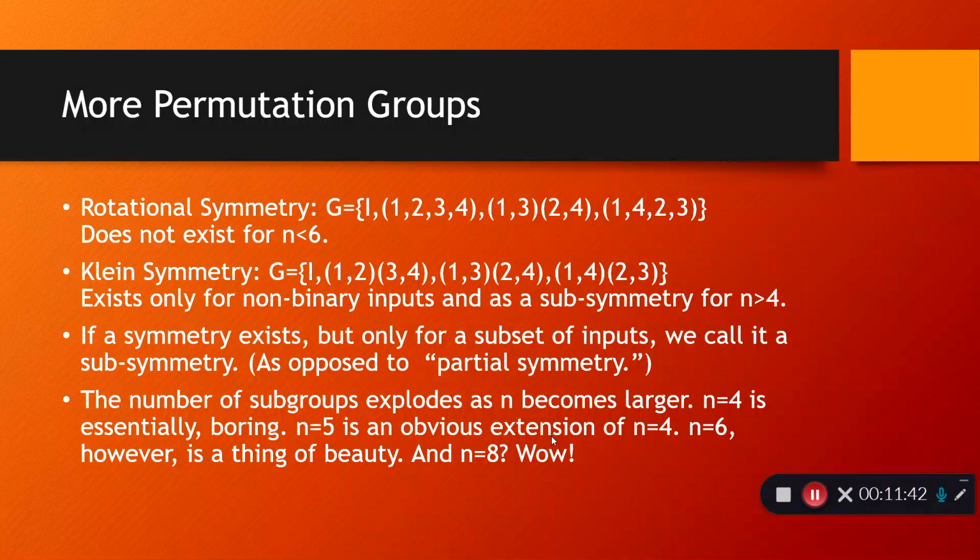Well, there's more permutation groups than that. We have rotational symmetry, which we've looked at already, where it's (1 2 3 4). I'm rotating the elements by 1 position, 2 positions, and 3 positions. For functions, no functions possess rotational symmetry if they have fewer than 6 inputs. 6 input functions do have rotational symmetry.